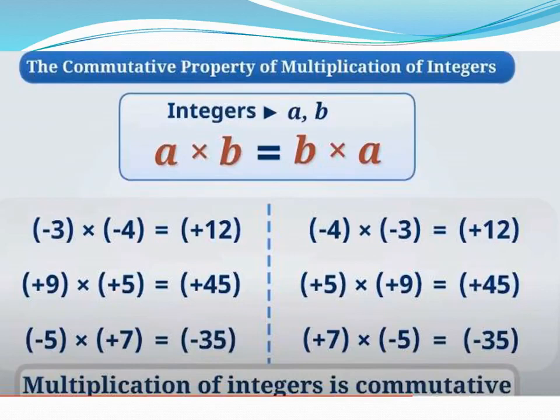Also we take minus 5 into 7 and get the product minus 35. Changing the order, 7 into minus 5, we get the same product, minus 35. So we conclude that integers follow the commutative property over multiplication.